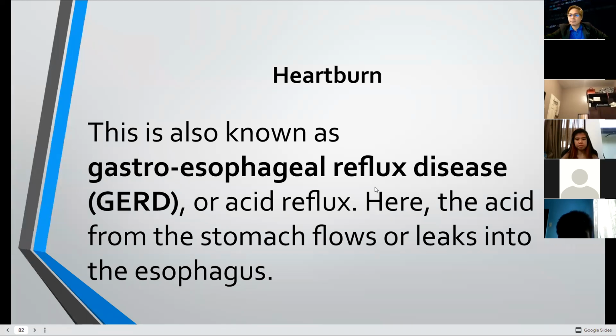You can take antacids like Kremil-S, Simeco, or Gaviscon in sachet. They help ease the acidity because it is highly acidic there. What causes GERD is the acid that overflows from the stomach or leaks into your esophagus area. That's the problem.